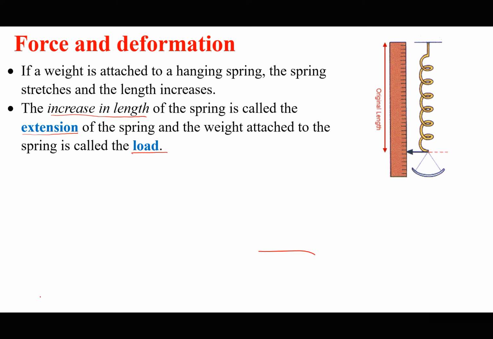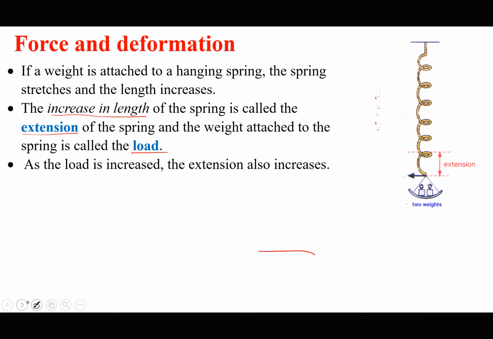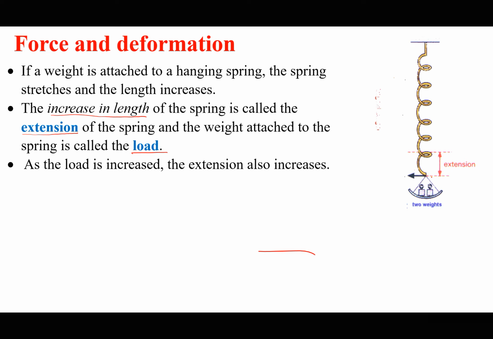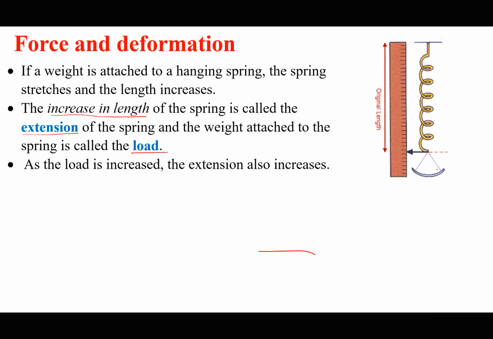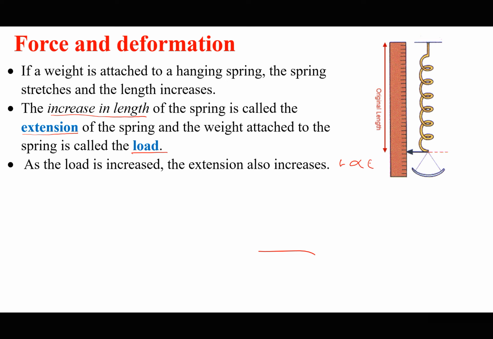So as the load is increased, the extension also increases. We have a small extension when we add one load or one weight, and the extension becomes even bigger if we add two loads or two weights. So it's like the load is somehow directly proportional to the extension.